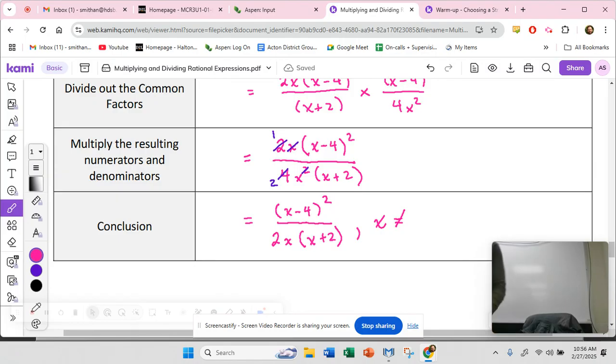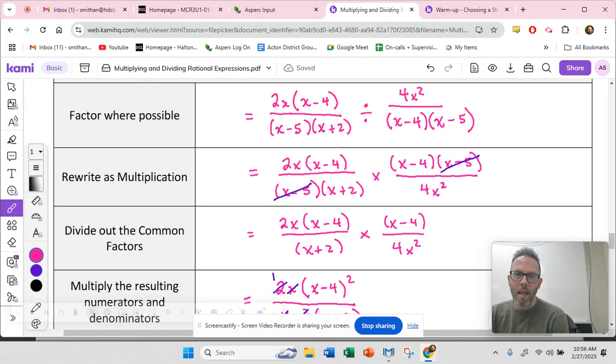X can't equal 0. That's one from the very last line. Fantastic. I'm going to list them as a set of numbers here. Somebody else give me another one. Jaden. Can't equal 5. And that came from these lines here, right? Yeah, exactly. So 5 is another restriction. Good.